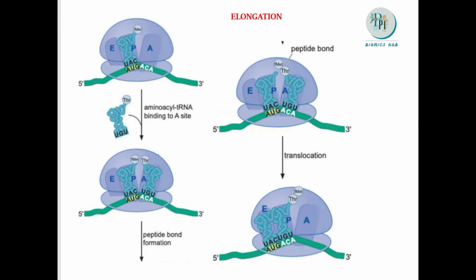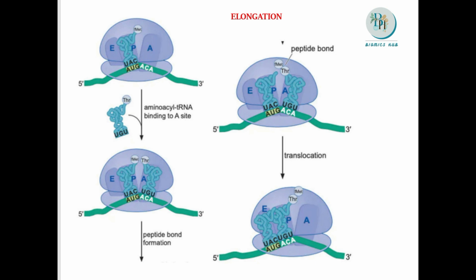The next process is the elongation process, when the next tRNA will come and bind. Here we can see that the next tRNA comes and binds in the A site, and this is done by elongation factors. After another tRNA comes, it brings one amino acid, and these two amino acids form the peptide bond.